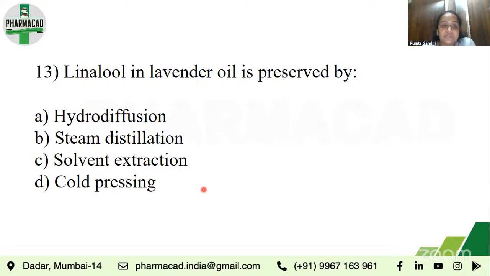How can it be preserved? By steam distillation, by hydrodiffusion, by solvent extraction, or by cold pressing. So understand here, linalool is a volatile oil. So then you can judge the answer. Okay, I have got the answer already, but it is steam distillation and not solvent extraction. Linalool can be preserved by doing a steam distillation.